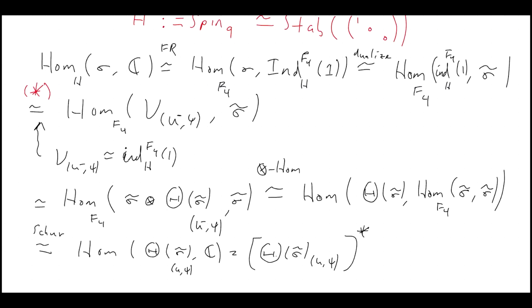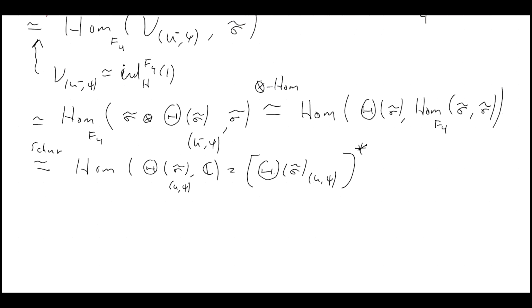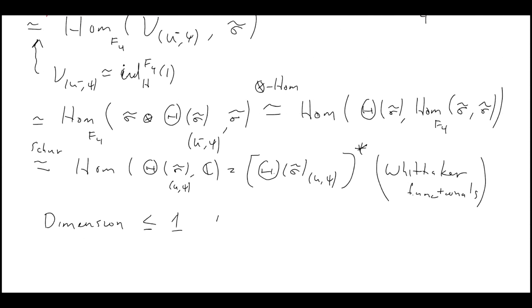In other words, this is just the space of Whittaker functions. Now the dimension of this space is less than or equal to 1 by the multiplicity 1 theorem for Whittaker models, for Whittaker functionals.